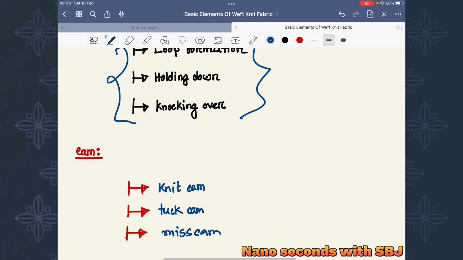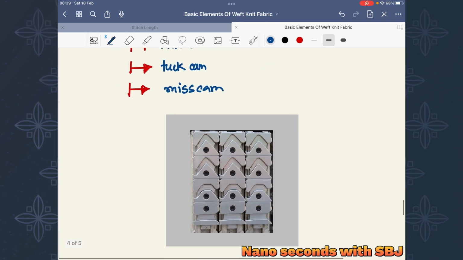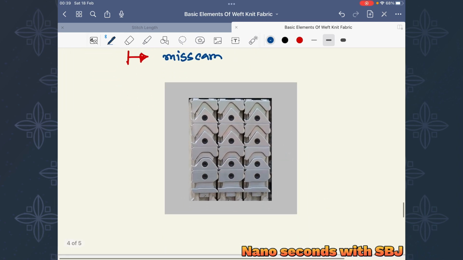The structure will be different according to the arrangement of the cam. Here you can see a picture of the cam arrangement, and this is called the knit cam. This is the tuck cam.